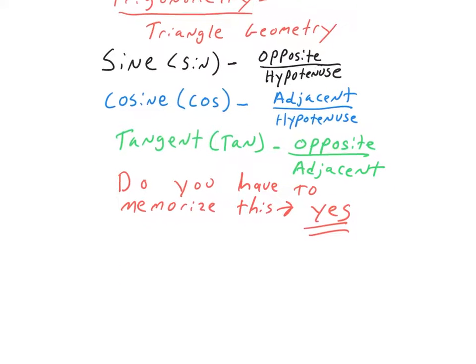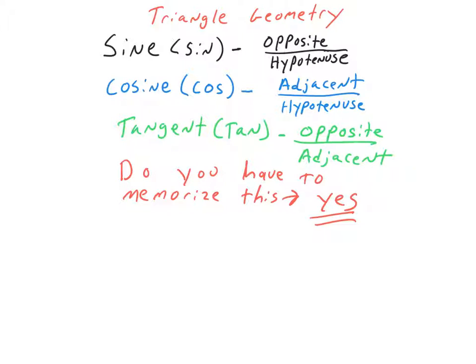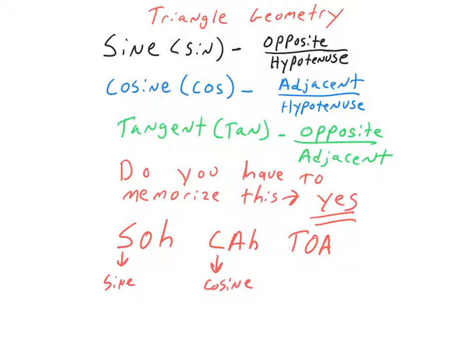Probably the most popular way is this thing called SOHCAHTOA. So you have sine, opposite over hypotenuse, cosine, adjacent over hypotenuse, and then tangent, opposite over adjacent.